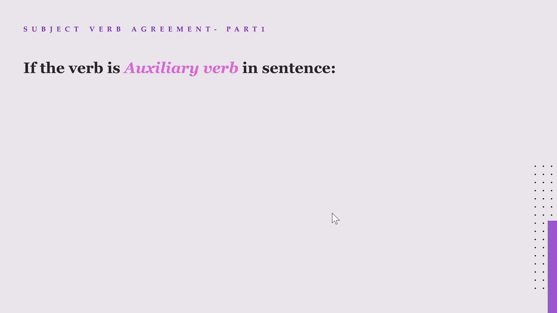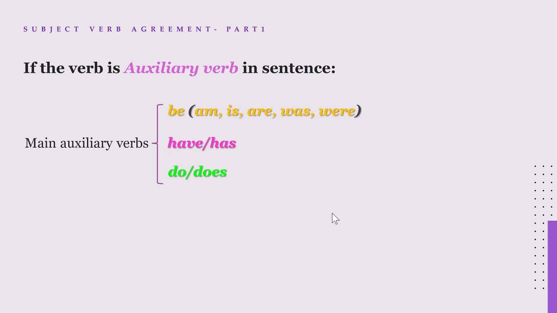Now, if the verb is an auxiliary verb in your sentence, you need to think about subject-verb agreement. The main auxiliary verbs in English are be, am, is, are, was, were, have or has, do or does.